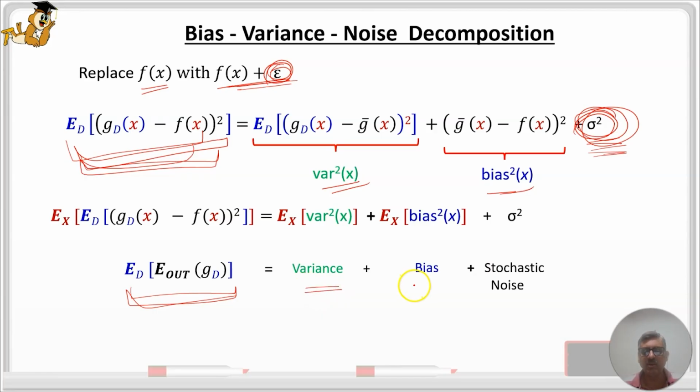We are going to be able to write it as variance plus bias plus stochastic noise. Stochastic noise because it's not deterministic noise. There is a randomness associated with it. You cannot model it, and therefore your Eout is going to be variance plus bias plus stochastic noise. Stochastic noise simply being sigma square.